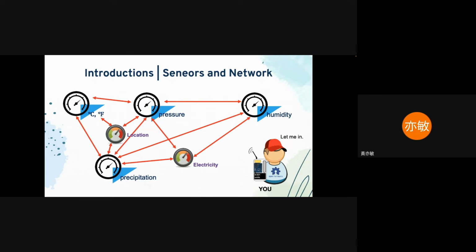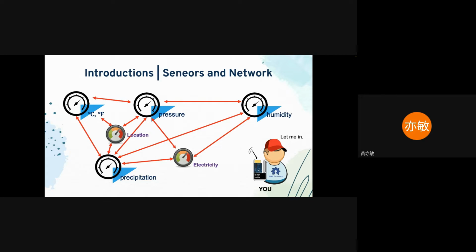Now, today, we have evolved the traditional way into a new stage. We want the sensors to communicate with each other. For example, if one sensor senses the temperature is too high, it will turn on the air conditioner to cool down the indoor temperature.